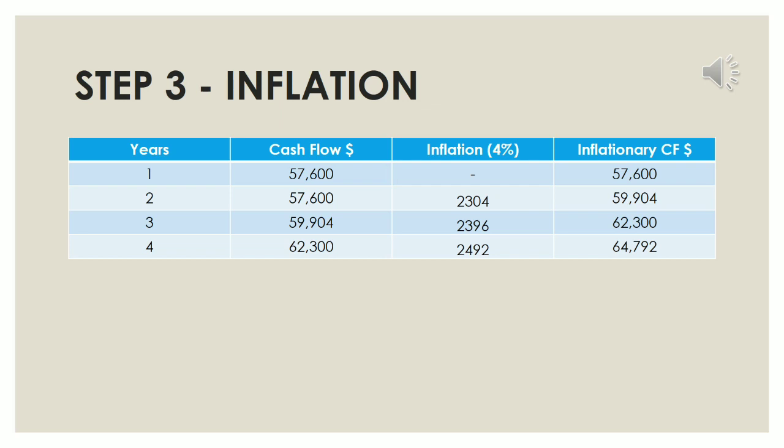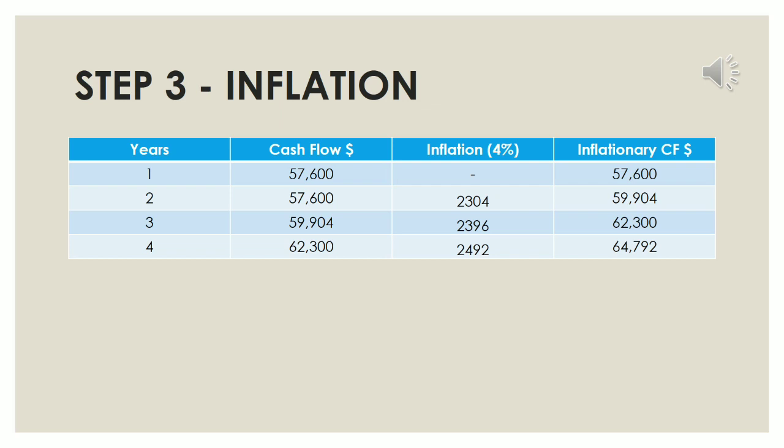For example, the first year's year-end inflationary cash flow is $57,600. This $57,600 will be set as the second year's cash flow. And from the second year onwards, there will be 4% inflation. So for 57,600, we have to apply 4% inflation. This will result in $2,304.